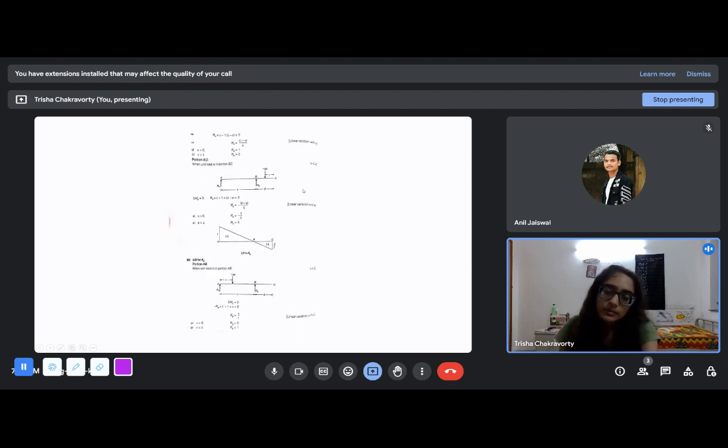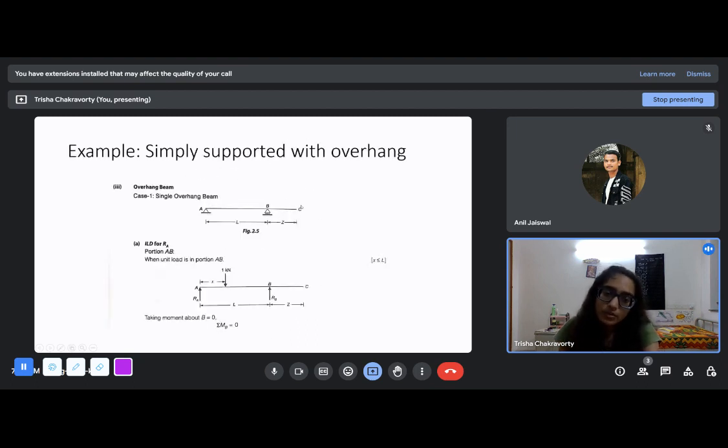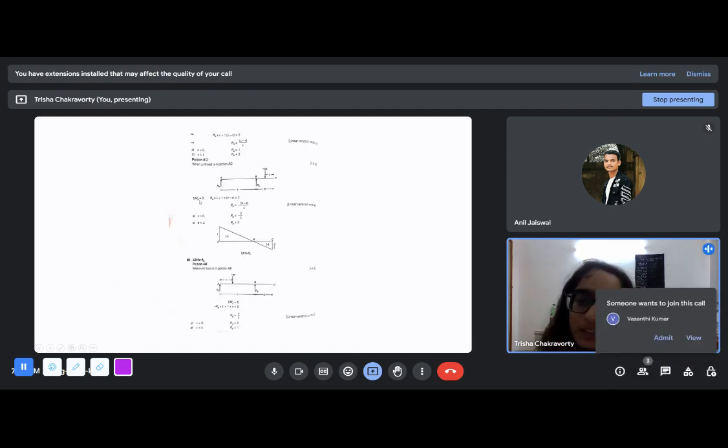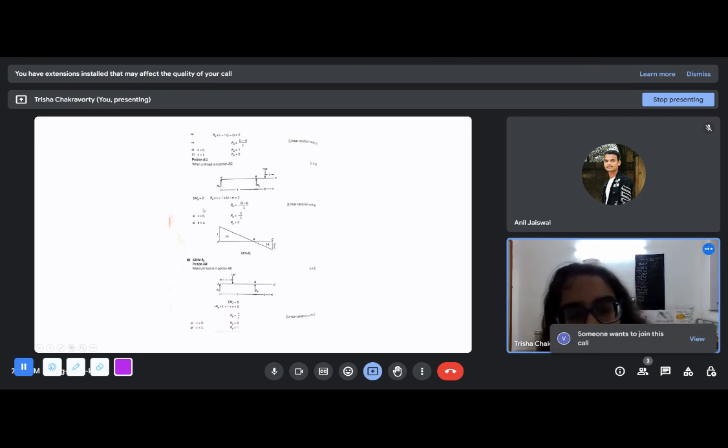And for this zone, when we put the load in this zone, we will again take the moment about B. And here, when we apply the force here, we will find RA into L plus 1 into, this is plus because we are taking a moment about this point.